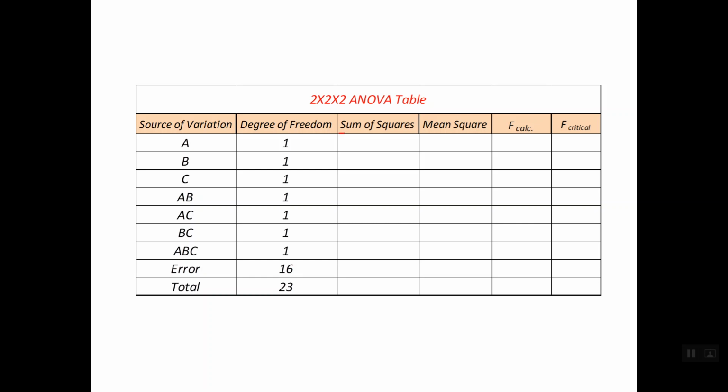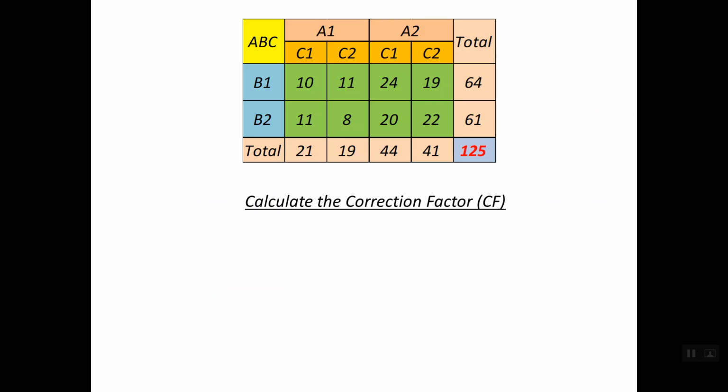Now we need to calculate the sum of squares, which is abbreviated by SS. Before the calculation of the SS, we need to calculate the correction factor. The correction factor is needed to complete the calculation of the SS for all of the variables.